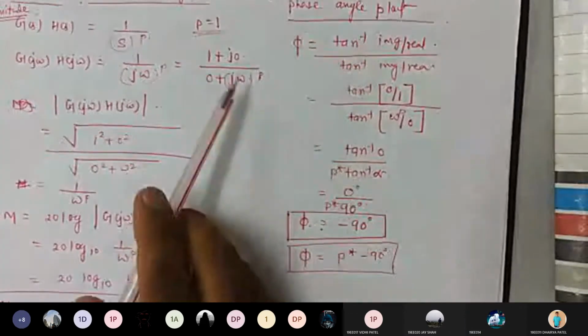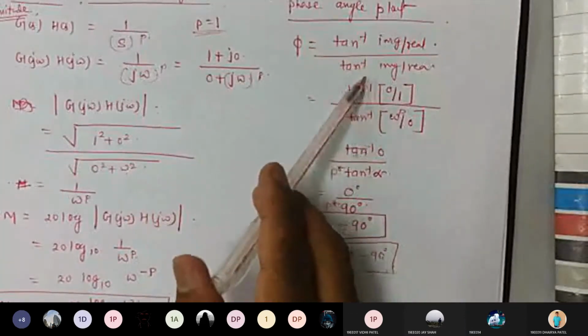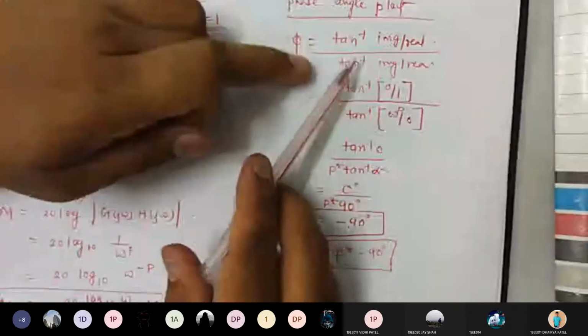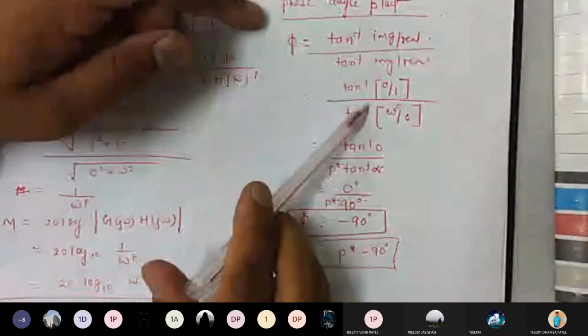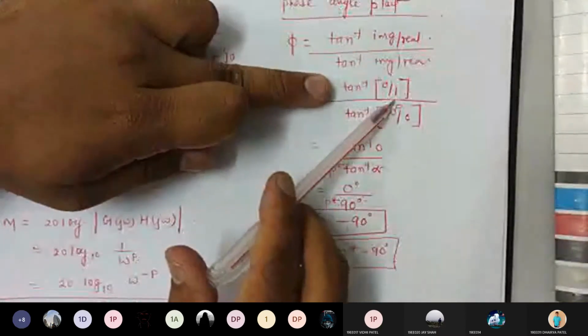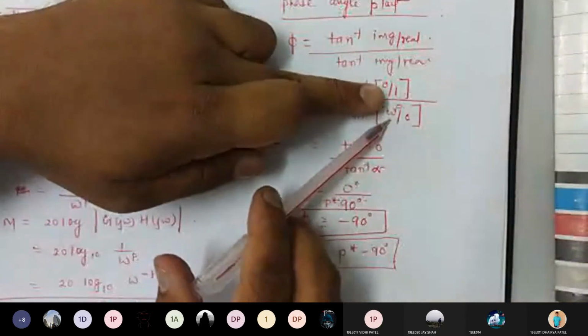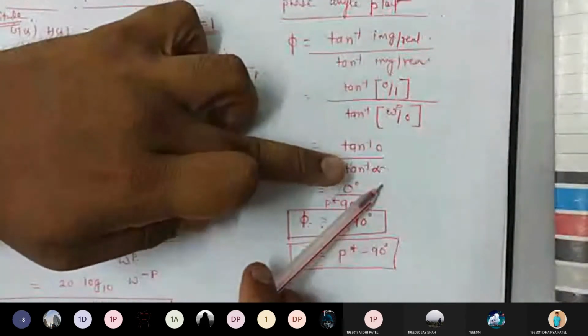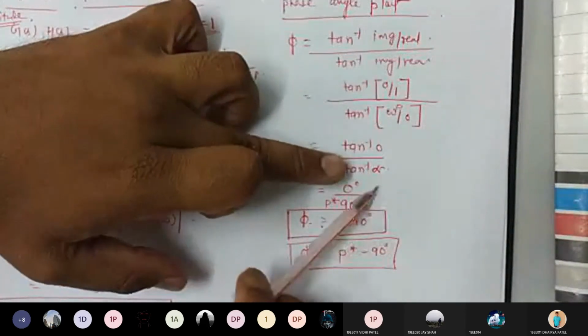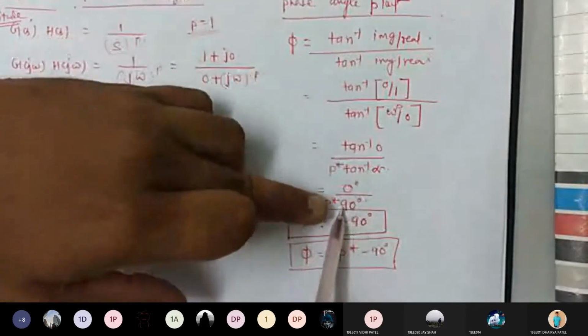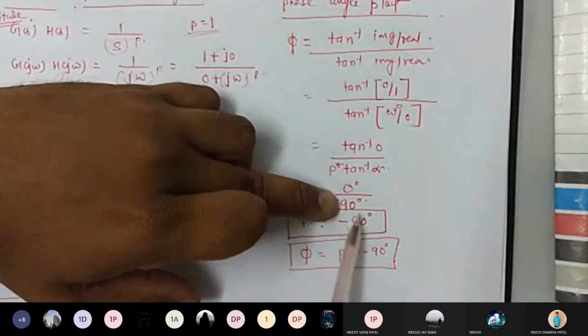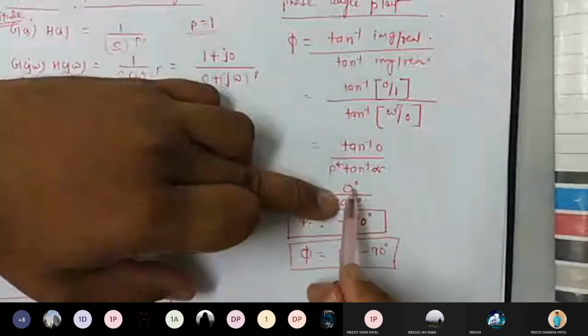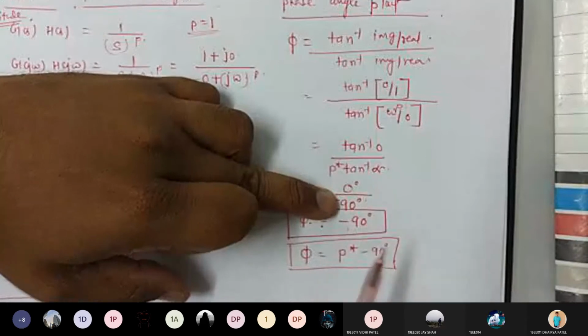Phi is equal to tan inverse imaginary upon real. Okay, so over here you have to use this for numerator and the denominator. It is 0 by 1, it is nothing but omega by 0. Something divided by 0 is nothing but infinity. Okay, tan inverse infinity, so this is 90 degree, it goes up and divides, so what will happen? 0 minus 90.